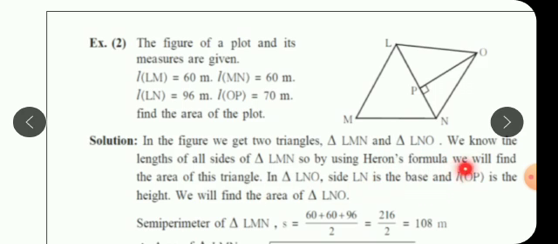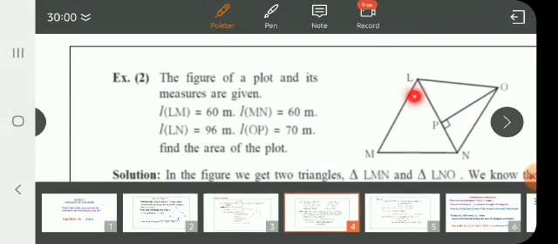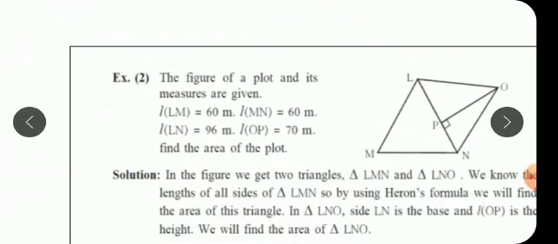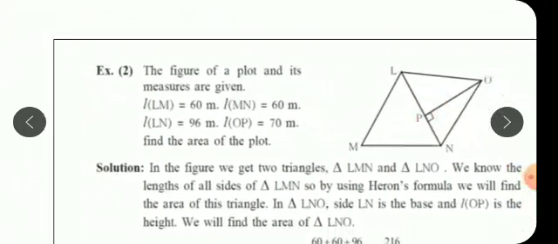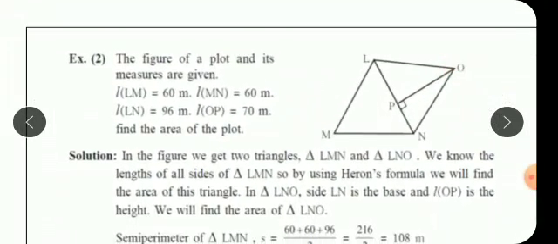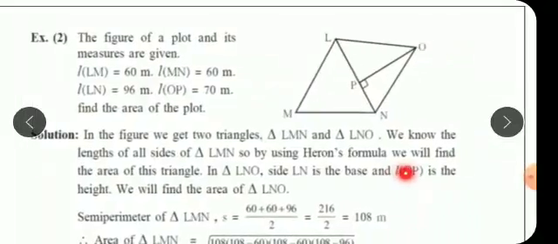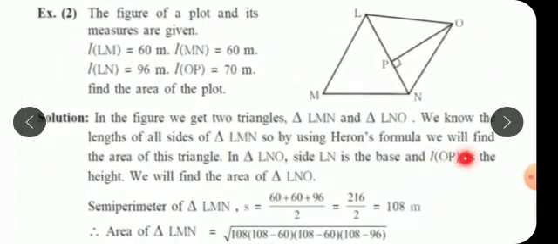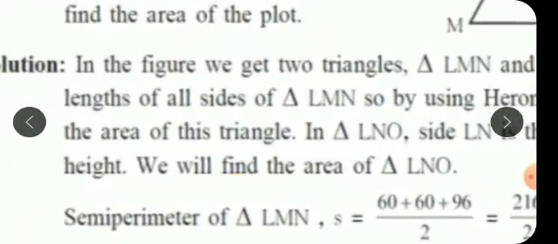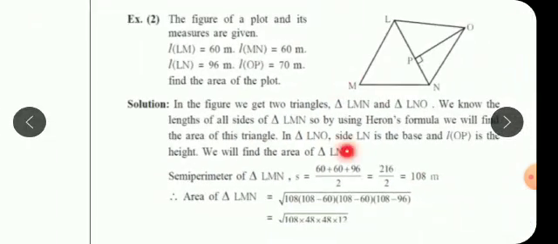In triangle LNO, side LN is the base. To find the area of LNO, what do we have? LN is base and OP is the height. We will find the area of triangle LNO.